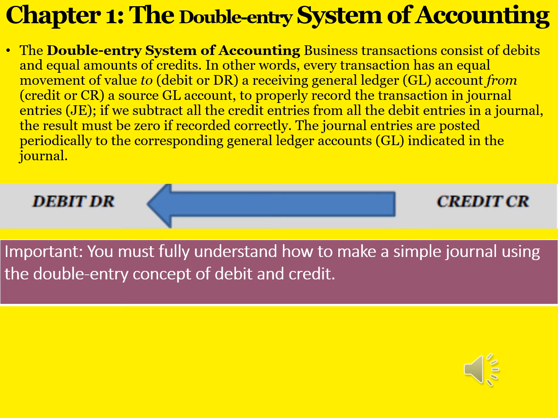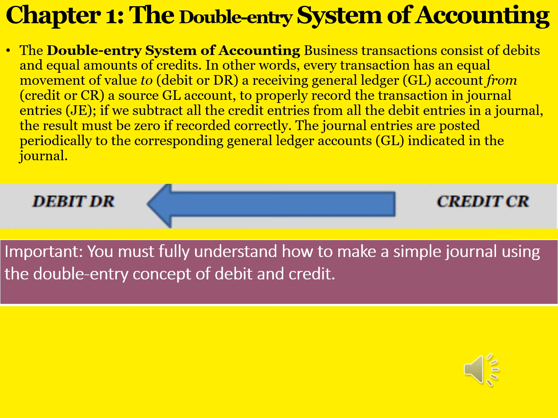If we subtract all the credit entries from all the debit entries in a journal, the result must be 0 if recorded correctly. The journal entries are posted periodically to the corresponding general ledger accounts indicated in the journal.